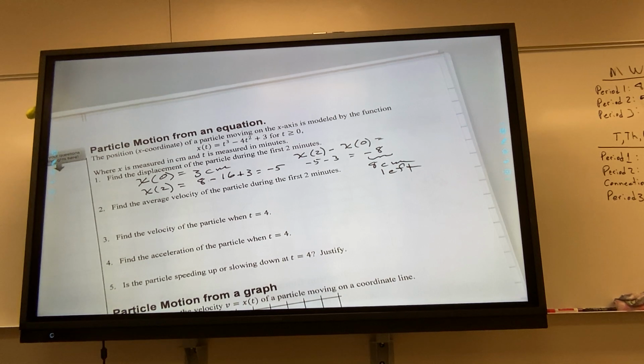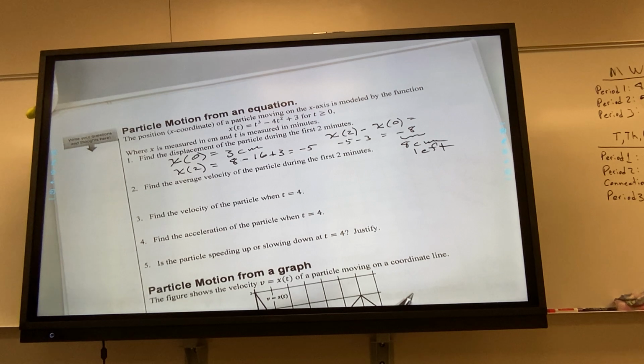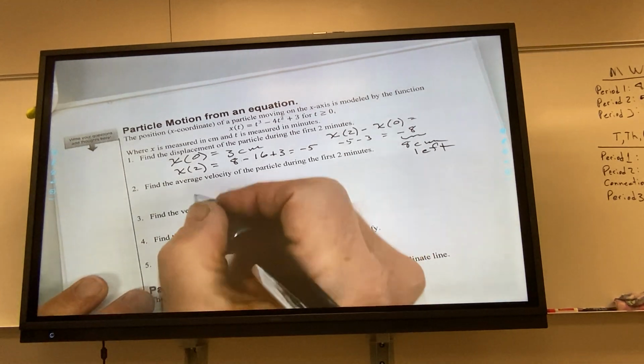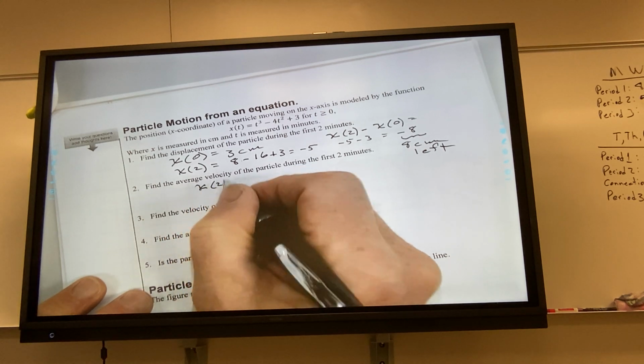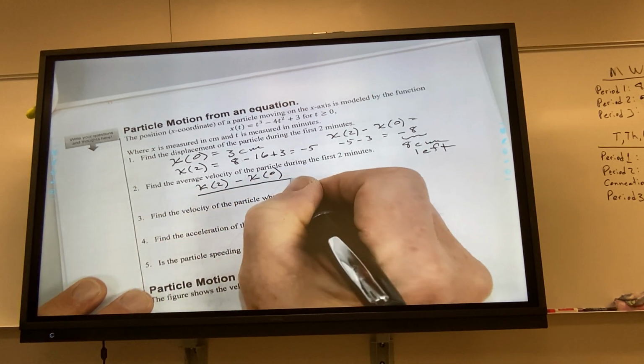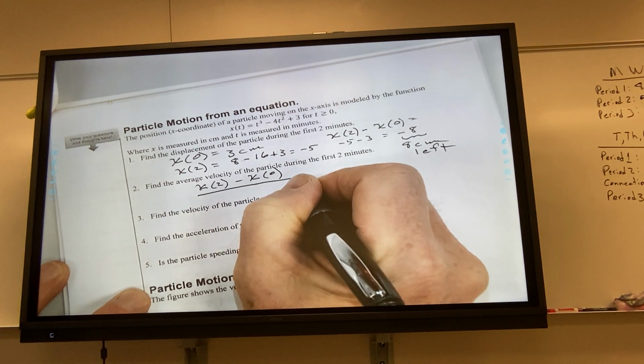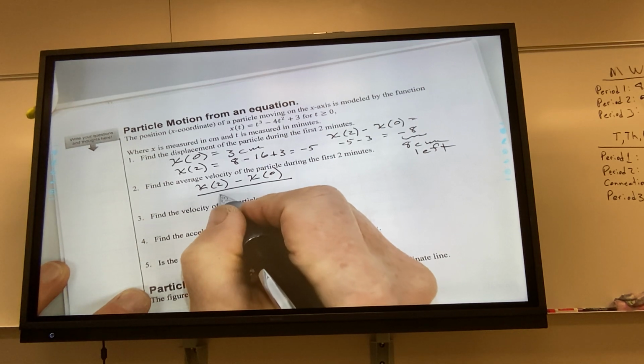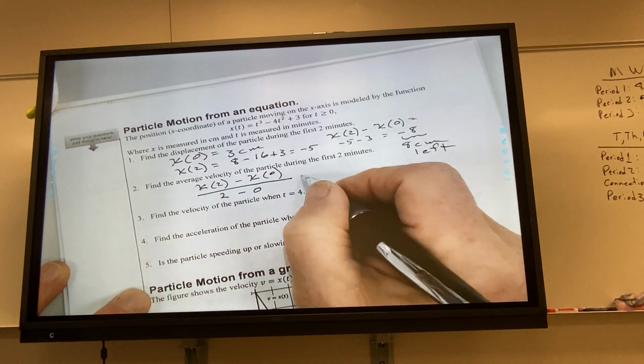Okay? Because displacement can be negative. Distance can't. Find the average velocity. So I'd have x of 2 minus x of 0, and I would divide by 2 minus 0.